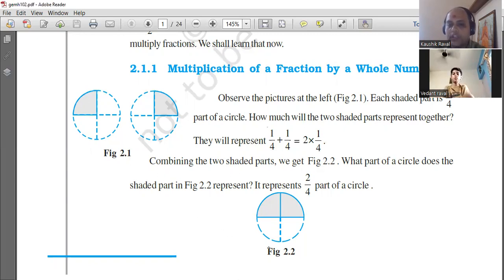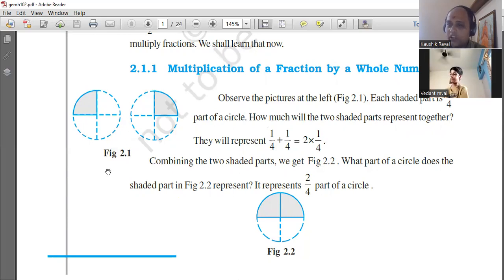So basically it becomes addition. We know multiplication is repeated addition, right? So you add them. They are both having 4 equal parts, so the denominator does not change, right? Yes.